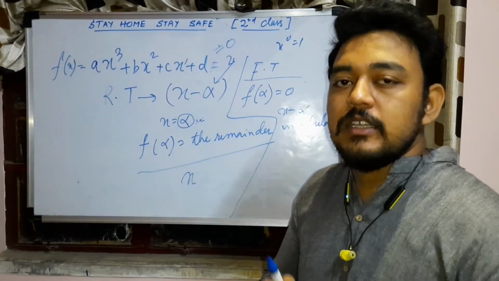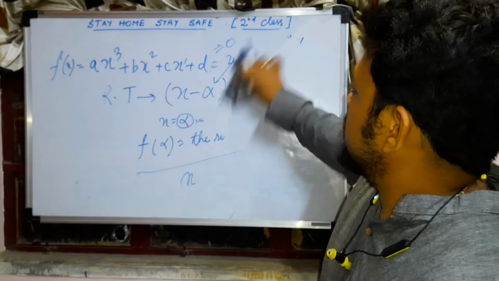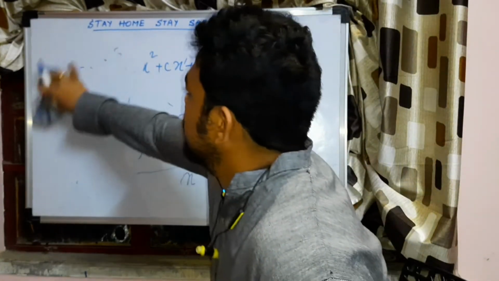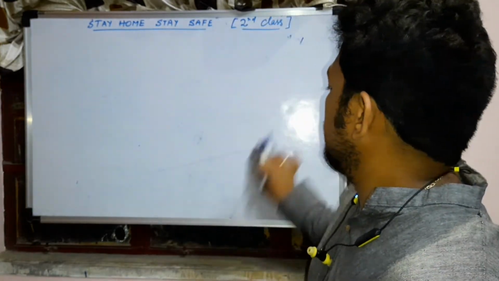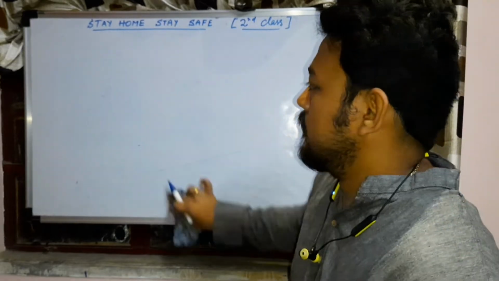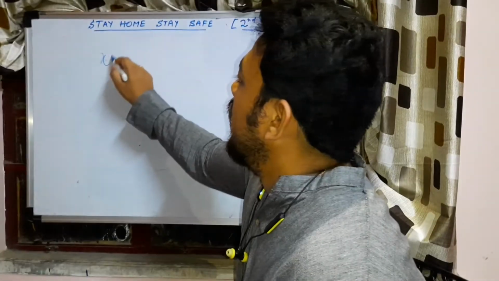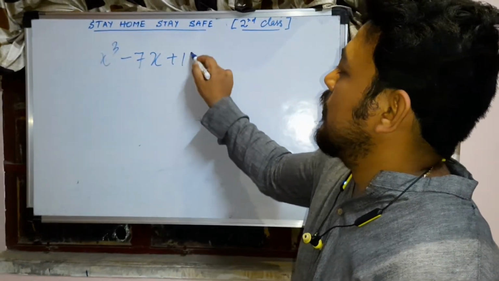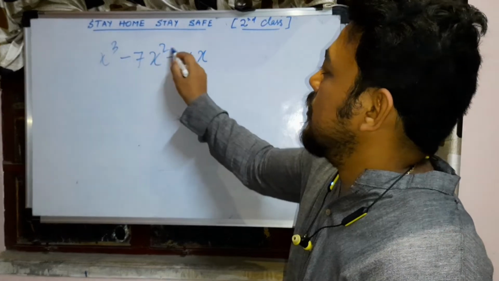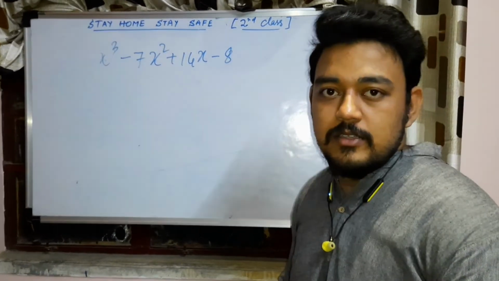So let us take one example: x cube minus 7x square plus 14x minus 8. So let us take this example.